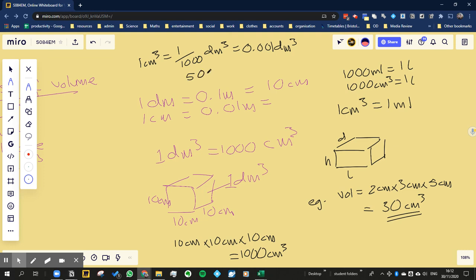So 50, for example, 50 centimeters cubed would be equal to 0.05 decimeter cubed, if you like. Okay.